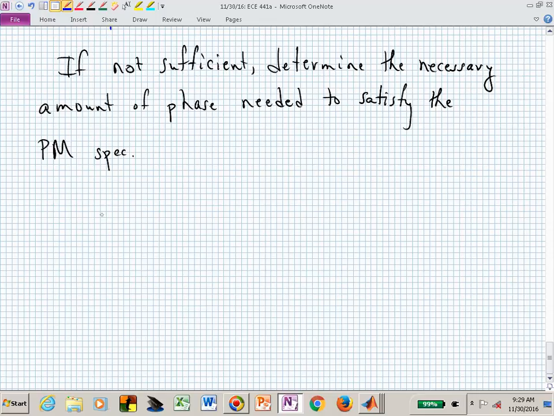Where now we're simply wanting to know how much phase we need to introduce above and beyond what's already there. And I'll write that then as phase margin desired. That's maybe what somebody specifies.